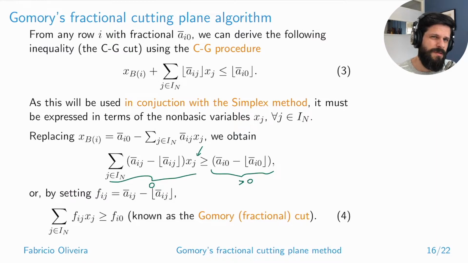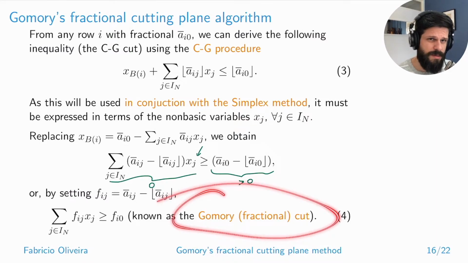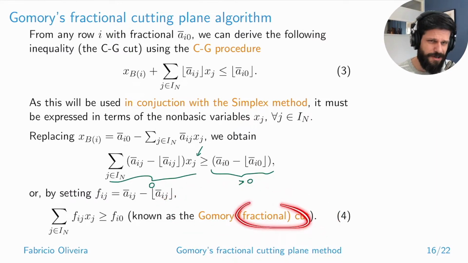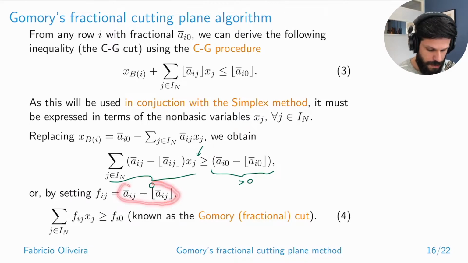Sometimes they're only called fractional cuts, but this basically means that these are the cuts generated by looking at the fractional parts of the coefficients. As you can see, this would also mean that we're looking at the fractional part of these as well. So they are different. They are different animals.